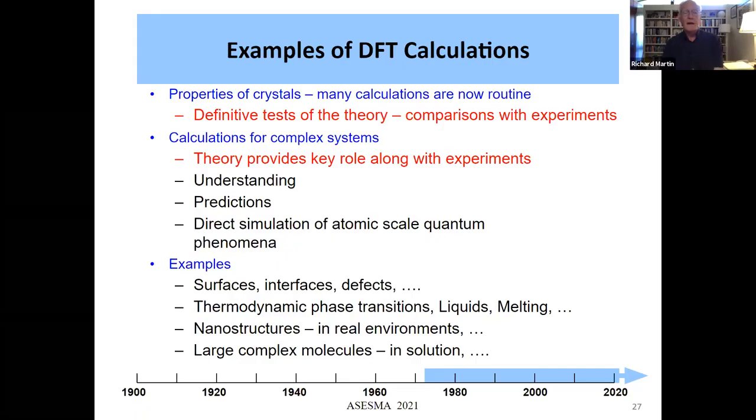Examples for which this applies are surfaces, interfaces, defects, materials at very high pressure, thermodynamics, liquids, and complicated systems like buried interfaces, which are very difficult for experimentalists to study.